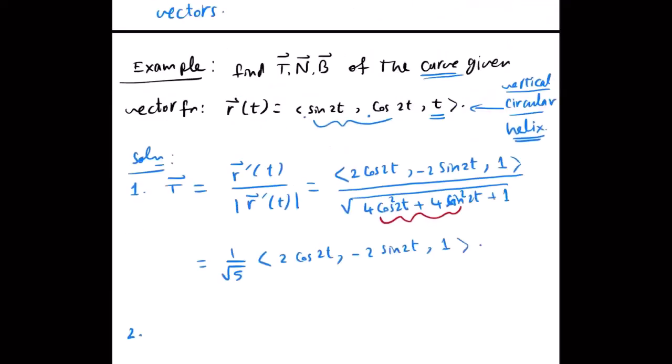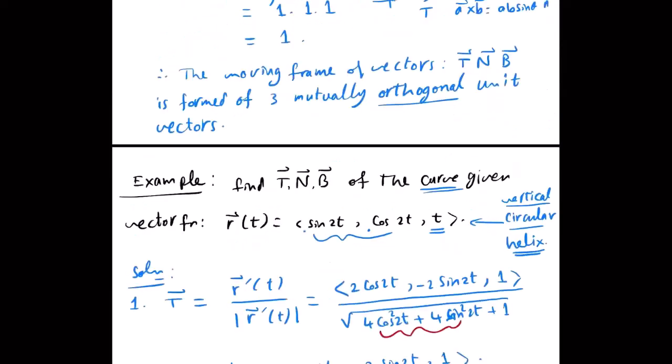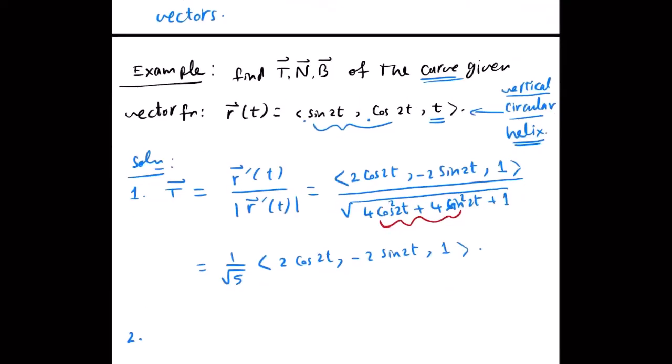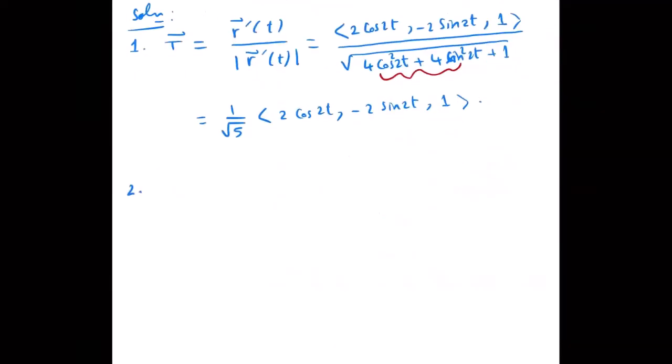Part 2. What is required again? Find N. What is N, the principal normal vector? We can write T as a function of t, in detail, or simply without the t, in compact form, without the mention of the time.